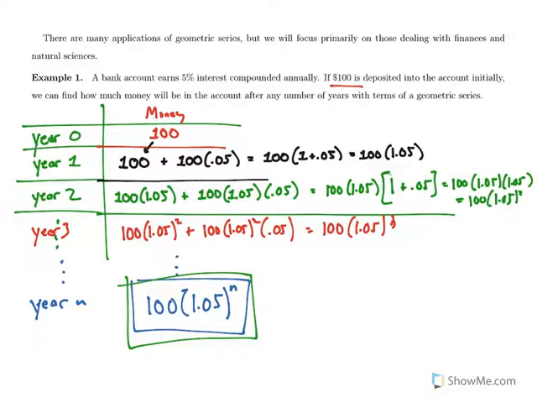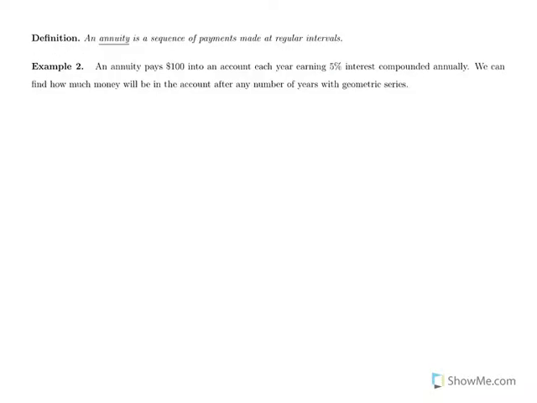All right, so now let's think about geometric series, starting with the next thing here. An annuity is a sequence of payments made at regular intervals, a sequence of payments into an account, or whatever it's going to be, at a regular time interval. An example of that is an annuity that pays $100 into an account each year, earning 5% interest compounded annually.